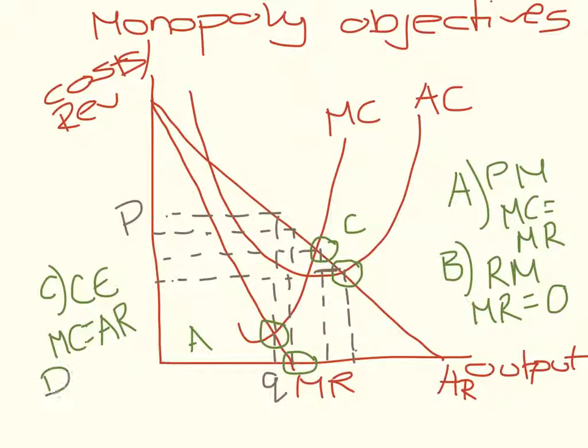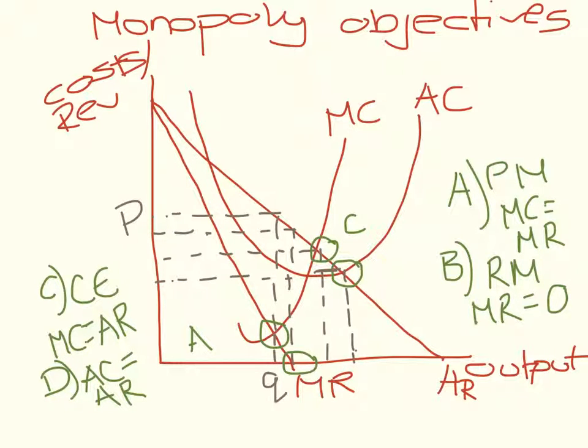So D is average cost, AC equals AR, and this point is where a monopoly would produce if it's quite a contestable market. So there's threat of entry into that market. So they'd want to produce there because they wouldn't be making any supernormal profit there. So it'd become less attractive for other firms to get into the market.